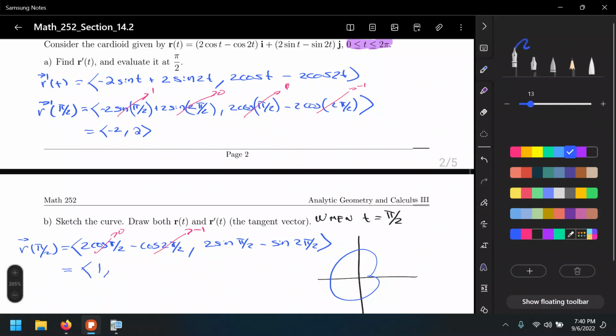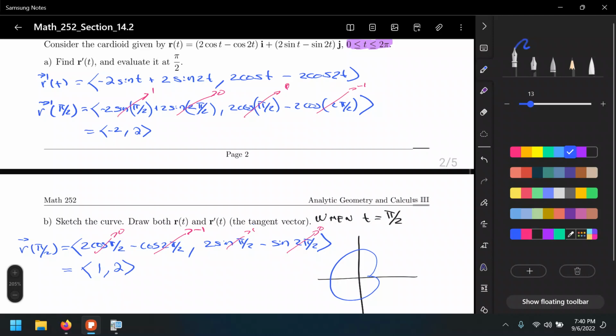Then sine of pi over 2 is 1, and sine of 2 pi over 2, which is the same as sine of pi, is 0. So that's 1 times 2, that's 2.